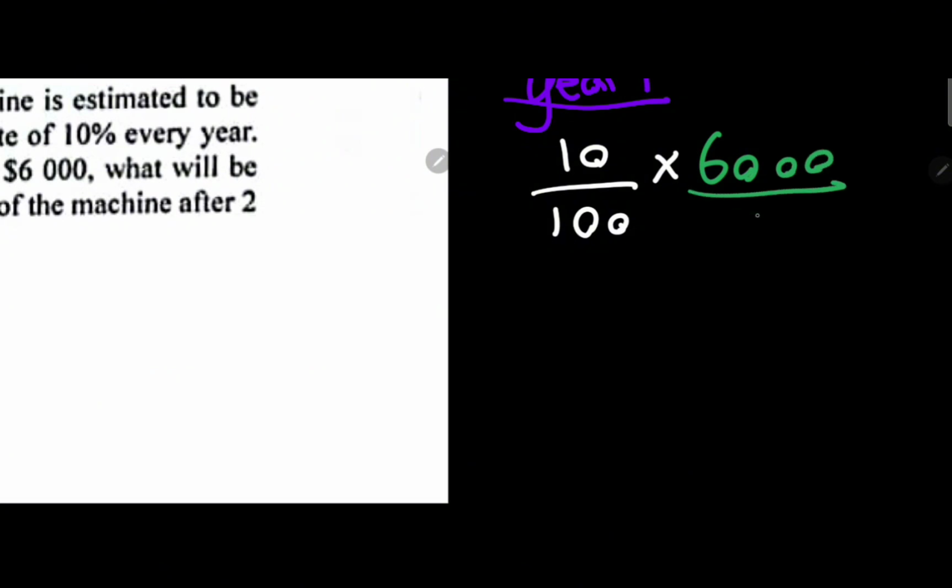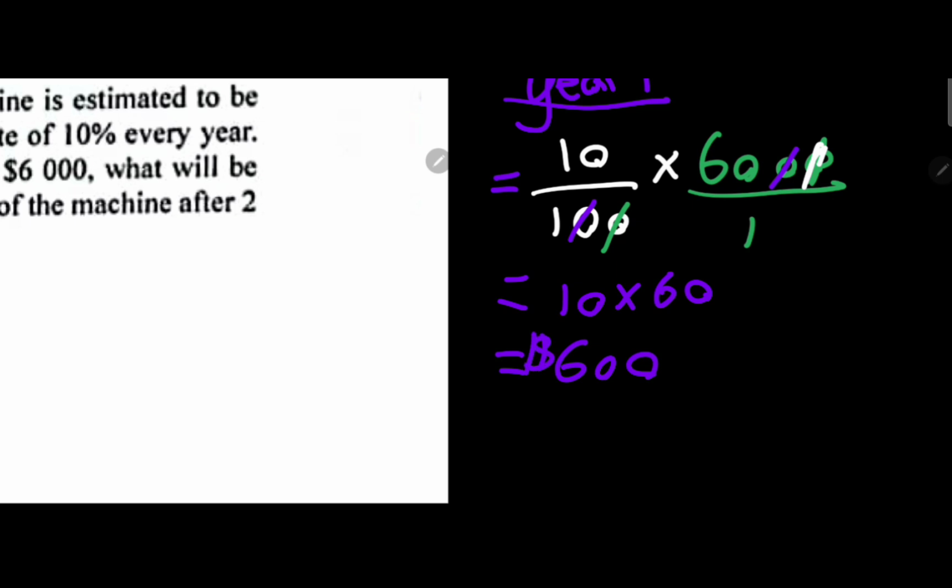I'm just going to break that down. So I'm going to cross off the zeros, cross off the 0 here as well, and this leaves us with 10 multiplied by 60, which is going to be 600. Okay, so 10% of 6,000 is $600.